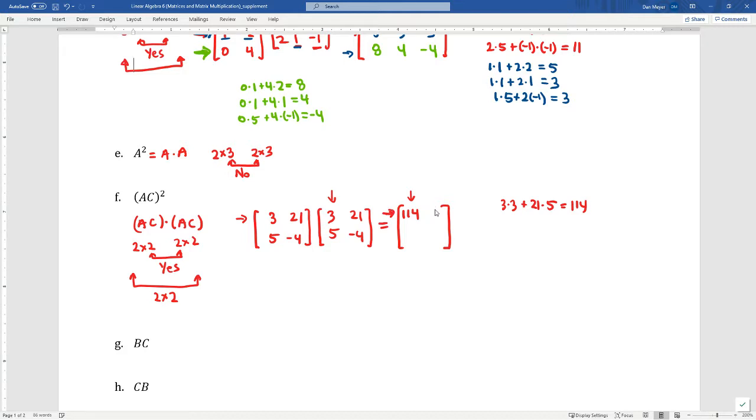In row 1, column 2, we want to take row 1 of the first matrix times column 2 of the second matrix. So 3 times 21 plus 21 times 4. And that'll give you 147.